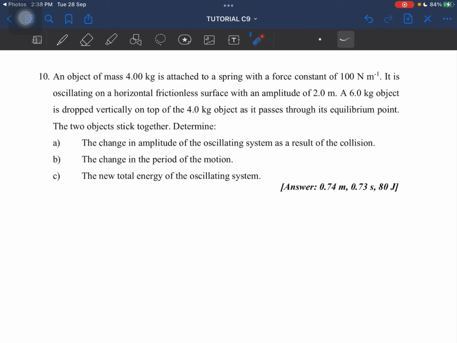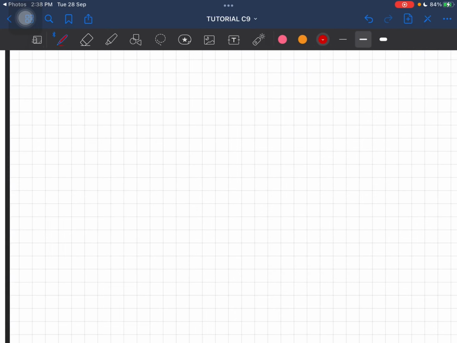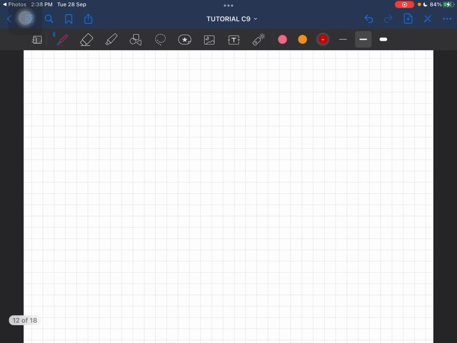Okay, so in this case, we are going to use a combination of chapter 3 and chapter 9 equations. Firstly, we are going to find the maximum velocity as it just passes through the equilibrium point. So that is just Vmax equal to omega A. For omega, we can use the formula square root of K over M, times the amplitude.